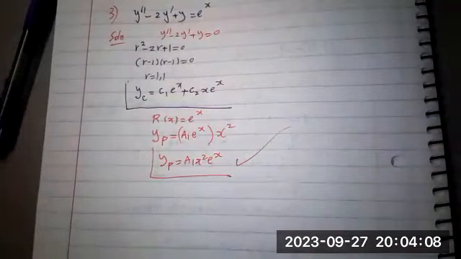This is A1 e to the x, then x e to the x as the next one. But x e to the x is here, so multiply by another x. So you have x squared e to the x, which is not duplicated. If you miss it, you go back and substitute, and everything on the left will be zero.